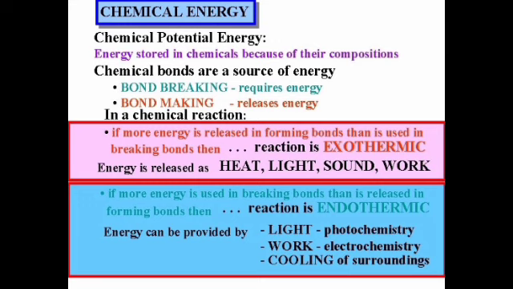Now, I'll reread that question. You're given 2 moles of sodium hydroxide, that's the base, the alkali, combining with 1 mole of sulfuric acid to yield sodium sulfate and 2 moles of water.